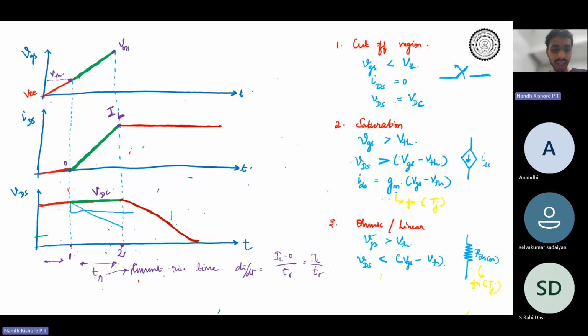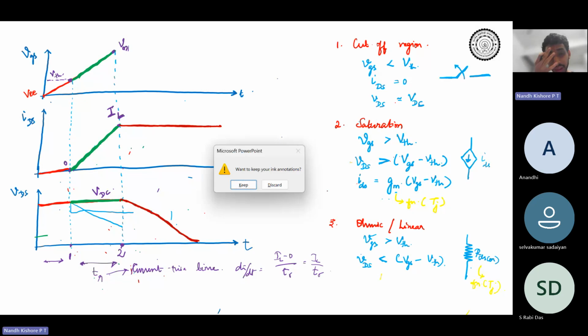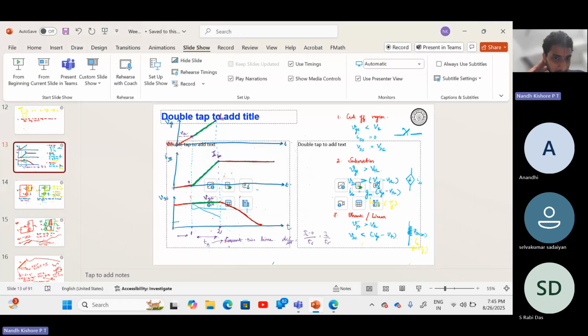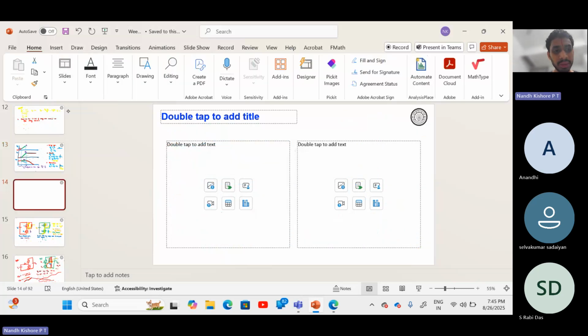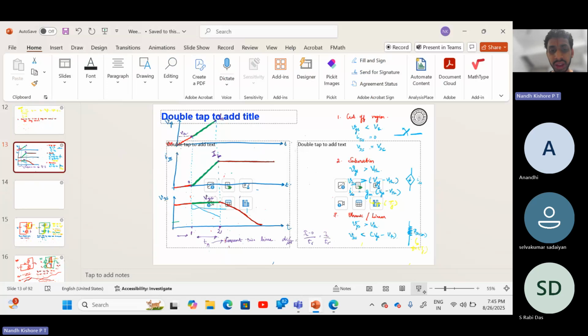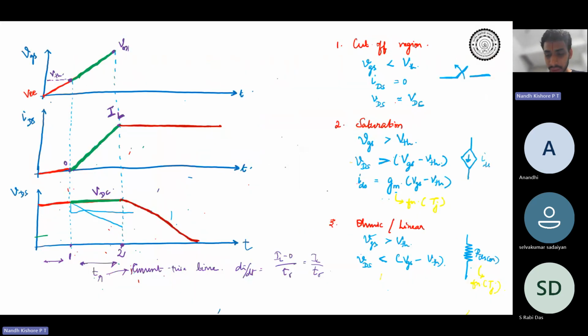How do we find that out? Any clues, any ideas? The hint is this: they have asked about current rise time, but during current rise time, we saw that the gate source voltage is rising from V threshold to V Miller. So can we find out from this?